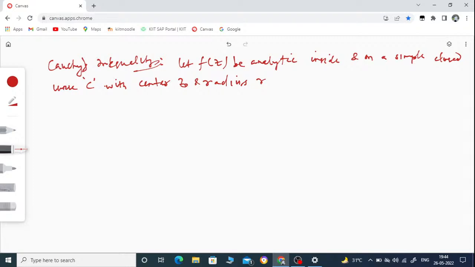Let f of z be analytic inside and on a simple closed curve C. C is a circle, its center is z0 and radius is R.